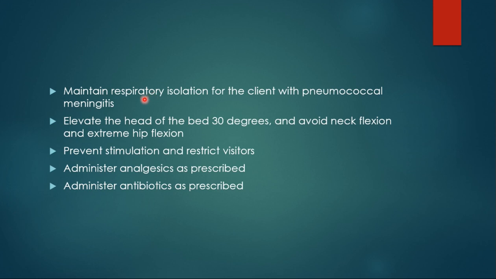Okay, so you have to maintain the respiratory isolation. Elevate the head of the bed 30 degrees and avoid neck flexion and extreme hip flexion. Prevent stimulation and restrict visitors. Administer analgesics as prescribed. Administer antibiotics as prescribed. Okay, so this is all about your interventions.